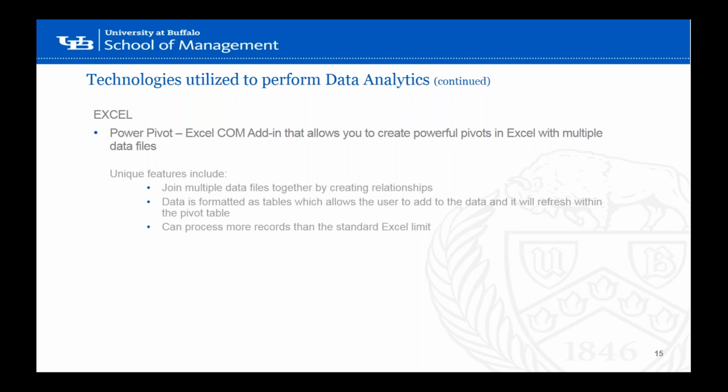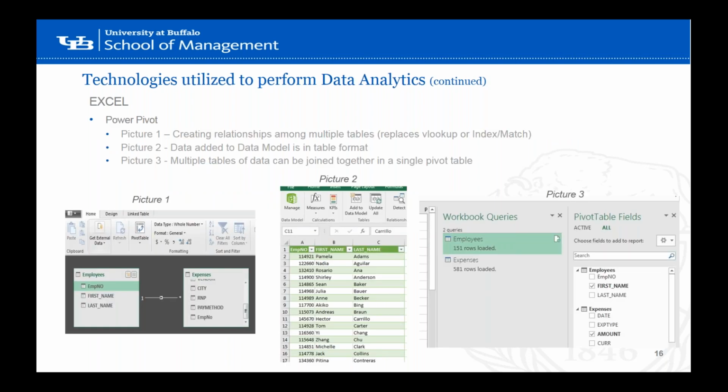So if you have data that refreshes on a monthly basis, where you would pull down a new report for a new month, with Power Pivot you could add it to the source table, and it would automatically pull into your Power Pivot. It also has the ability to process more records than standard Excel, which is definitely a bonus.